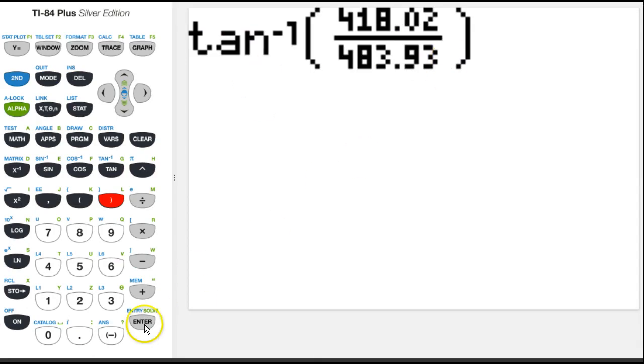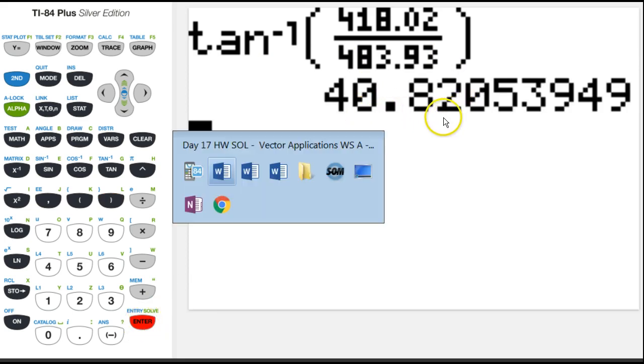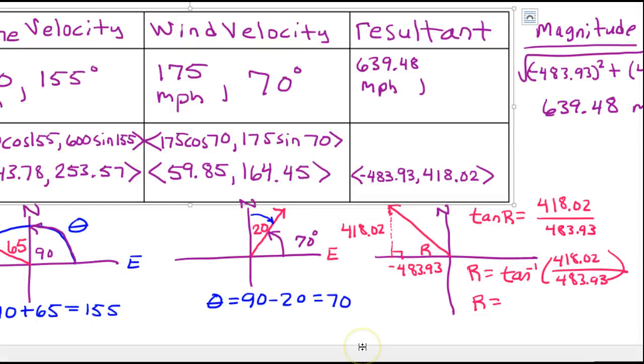So here it is typed into my calculator. Boom! That is 40.82 degrees. So that is my reference angle, 40.82 degrees. Now that is not the angle that I'm going to put up here. That's just a reference angle.